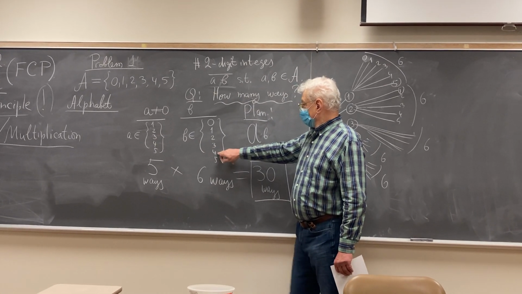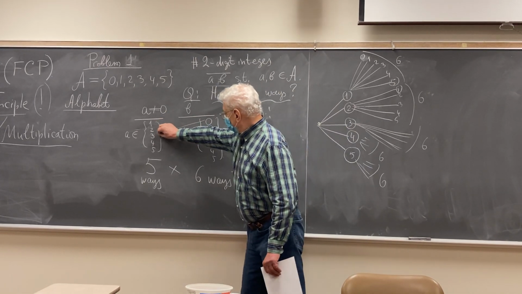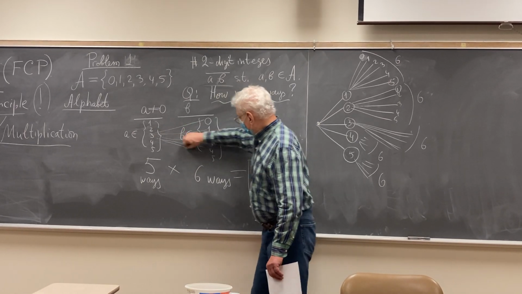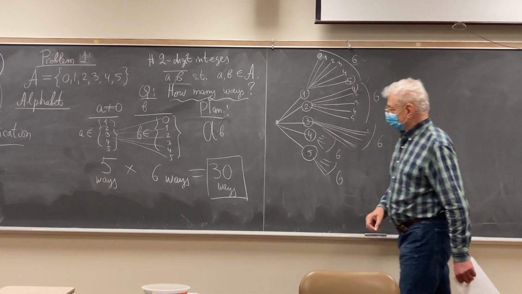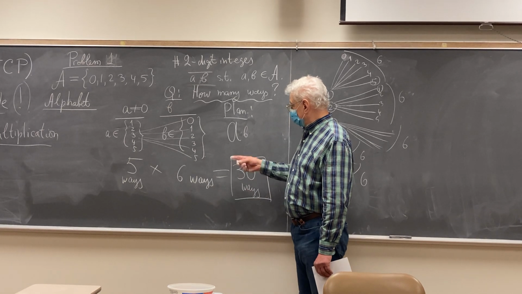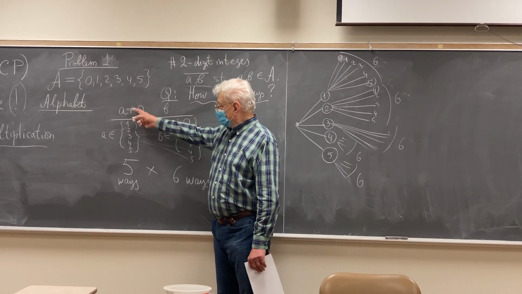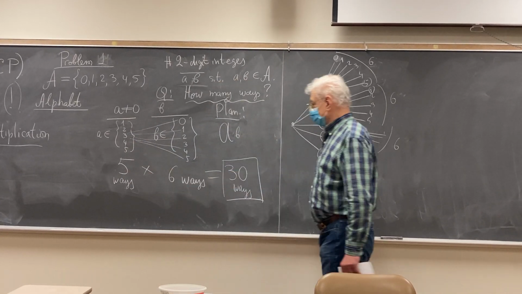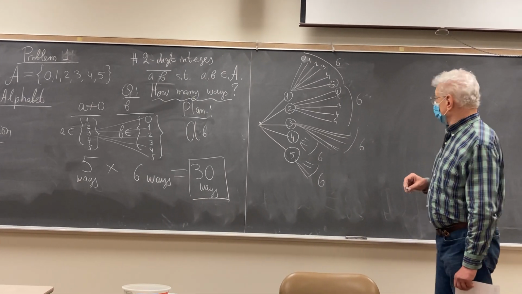If you take 3, then you can extend 30, 31, 32, 33, 34, and 35. Like here, from 3 you have 6 possibilities. And that's why you take 6 for the digit 3, 6 for 1, 6 for 2, 6 for 4, 6 for 5, so 5 times 6. That's why I multiply.